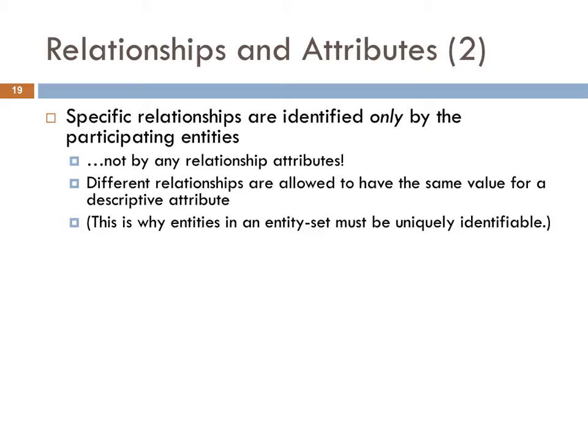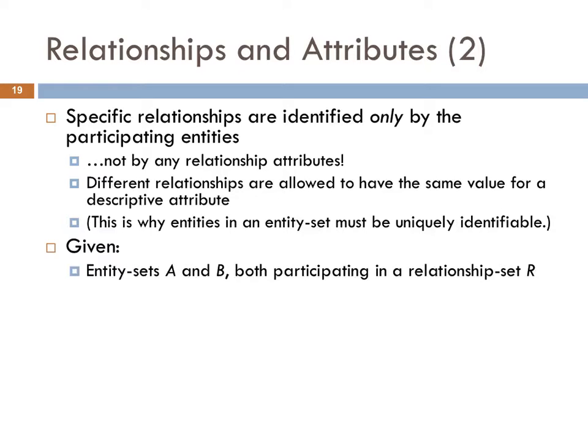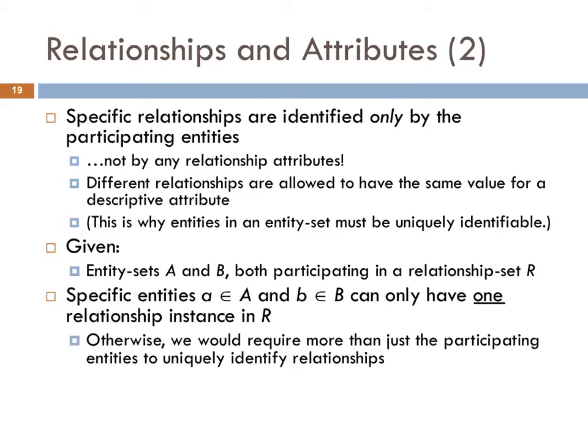Let's see. Entities in an entity set must be uniquely identifiable. I'm not sure if I actually talked about that very much yet, so I'll try to spend a little bit more time talking about this. Okay. Yeah, this is basically saying what I was saying before. Jackson and L14. We can only have one instance of a relationship in borrower that has Jackson and L14. We could also have Jackson and L19.